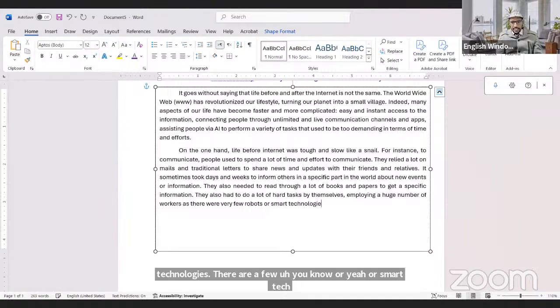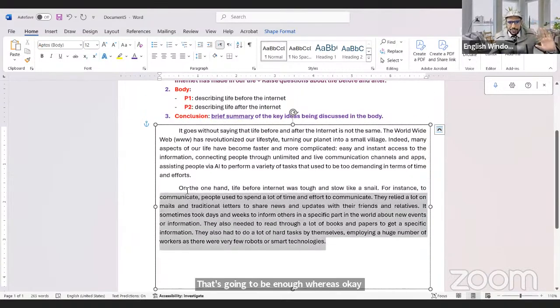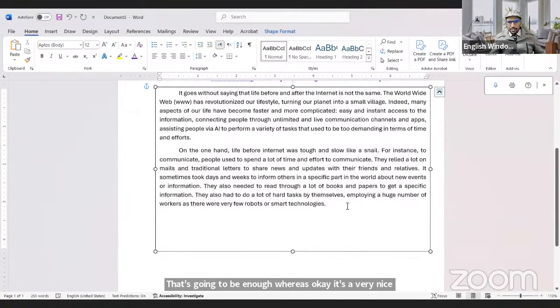Great, that's going to be enough. It's a very nice size for this paragraph. It looks quite good in terms of size.